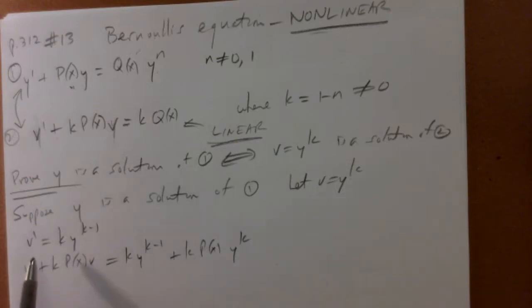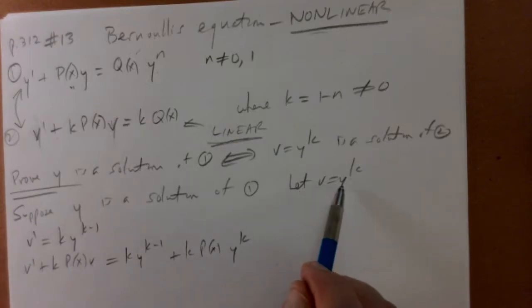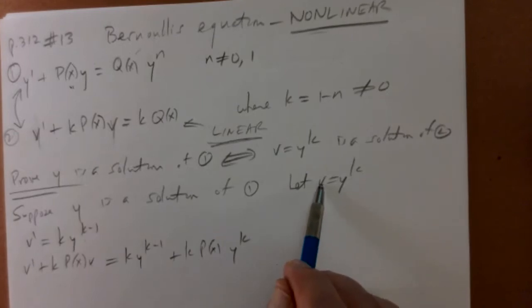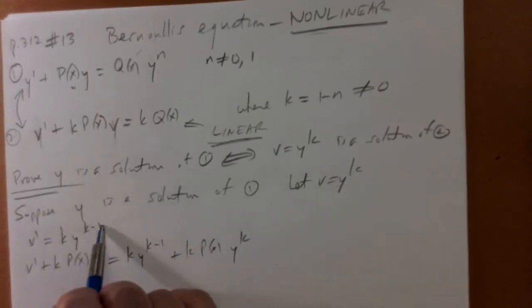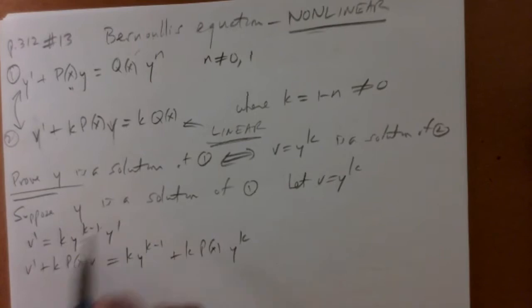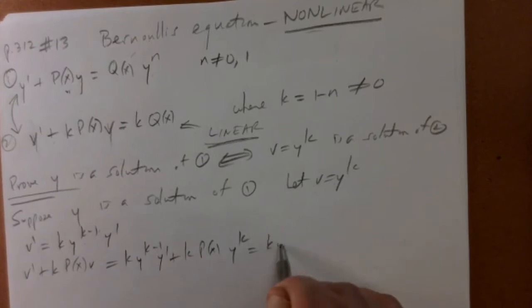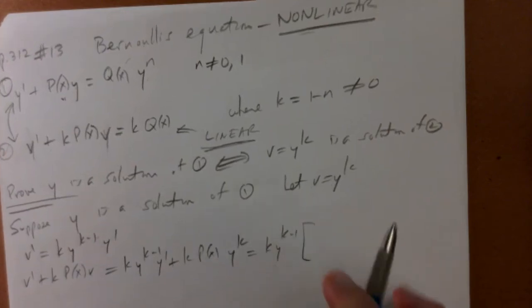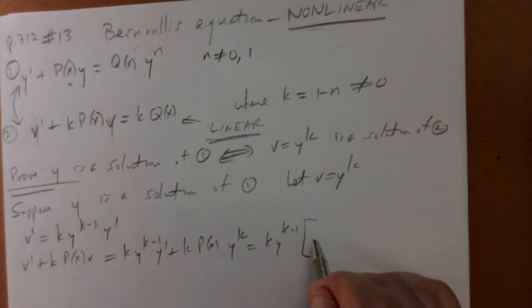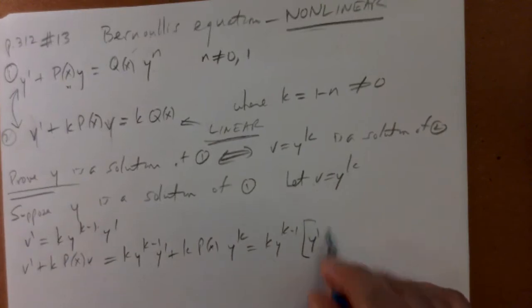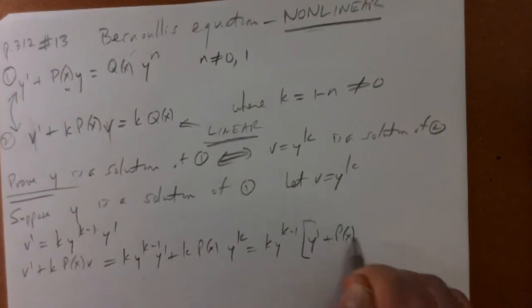Oops, I'm sorry, I made a mistake. So when I differentiate v, it's k y to the k minus 1 times y prime. That's the chain rule. So I can factor k y to the k minus 1 out of this, and I'm left with y prime plus p of x y.